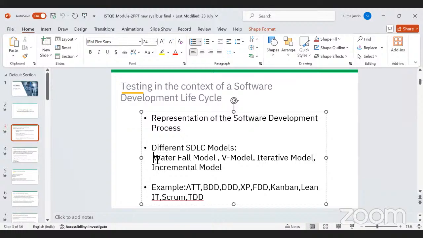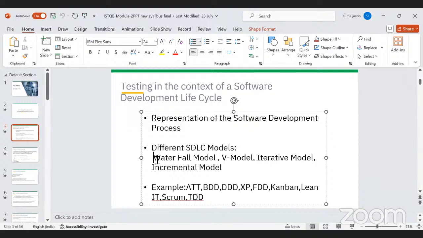If the design phase is to be started, that means the requirements phase is already completed and agreed upon by all the stakeholders. That is how the waterfall model works.